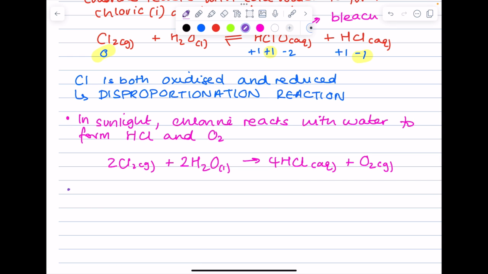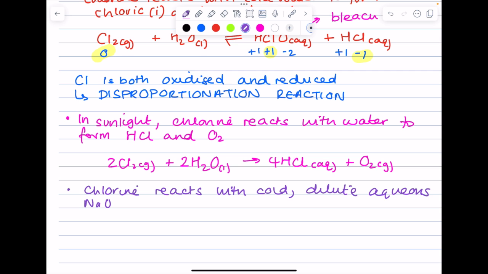And now a third reaction: chlorine reacts with cold dilute aqueous sodium hydroxide to form sodium chloride, sodium chlorate(I), and water.